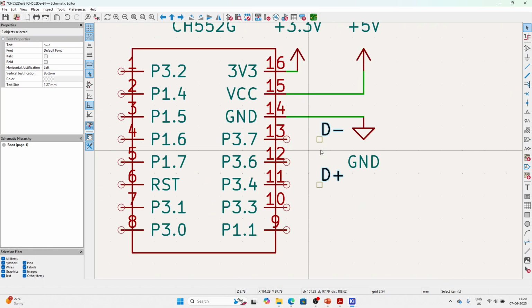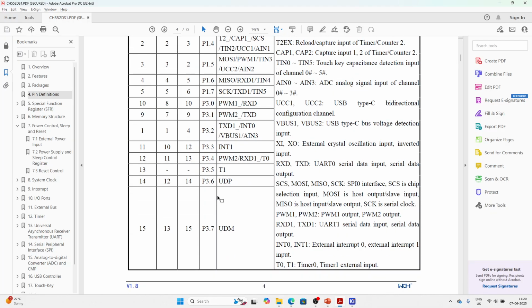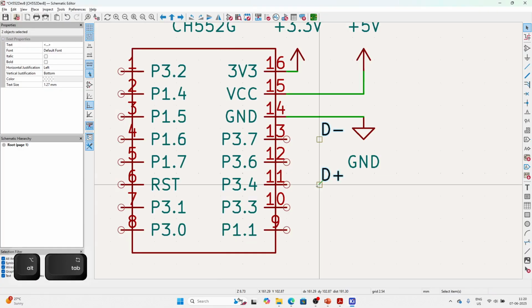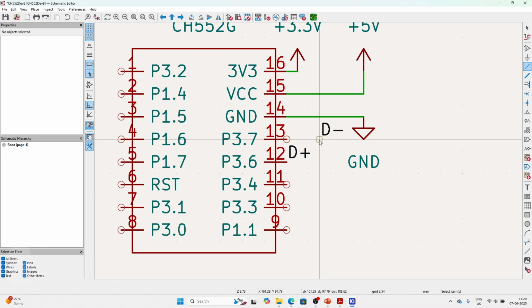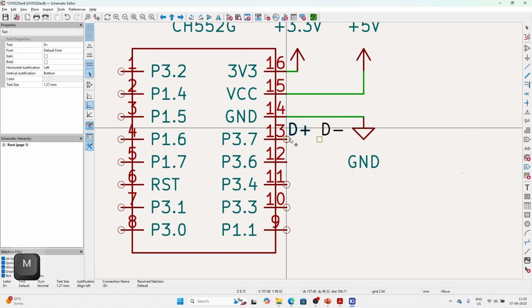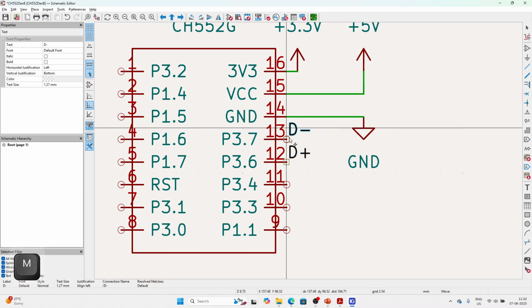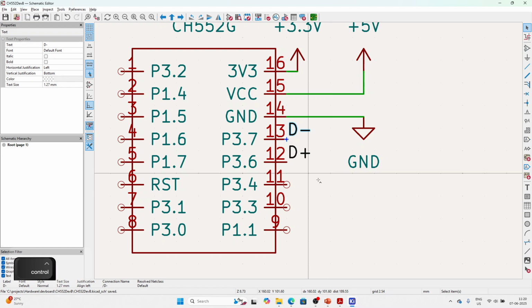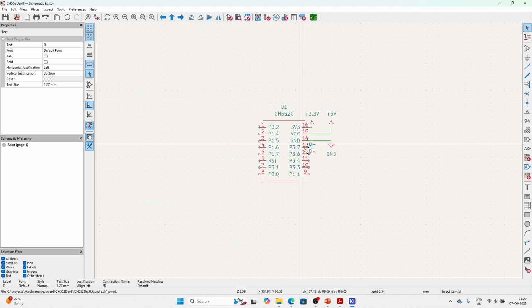We'll just double check before we place it on the microcontroller. 3.6 is USB data plus, so move that here, and this gets moved here. This gets moved to 3.7. So this is routing between D plus and D minus.